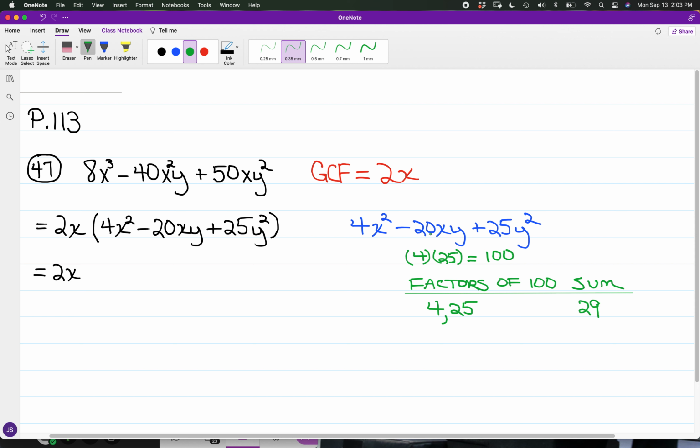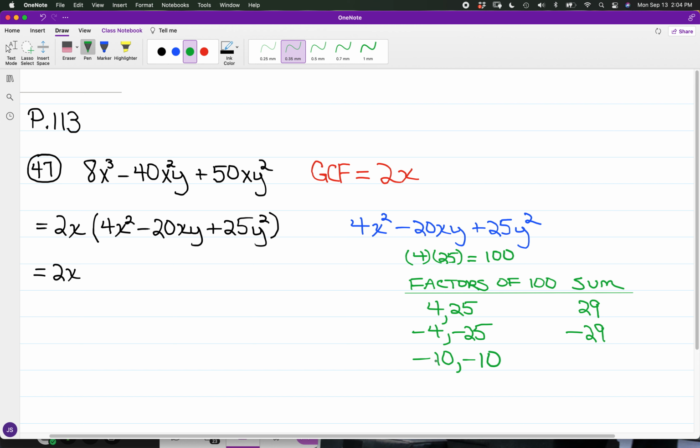We want a negative 20 sum. If I changed this over to negative 4 and negative 25, the sum would be negative 29. So I have to adjust the values of these factors, where the sum is going to be negative 20.